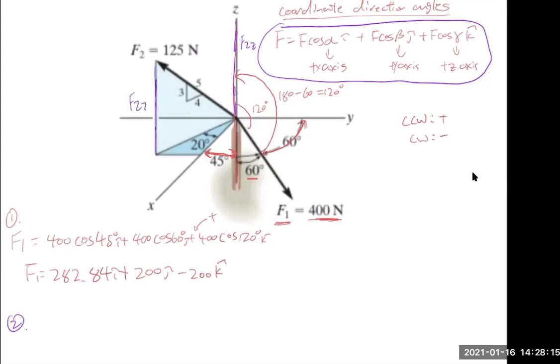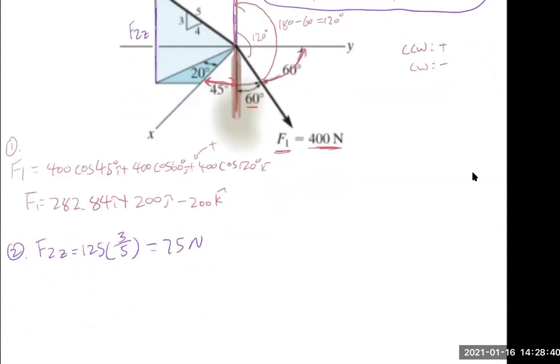So F2z can be right here, so that way we have more information to solve. F2z is simply equal to the force right here, 125 times 3/5. If we put this in the calculator, we get 75 newtons. And right now we have to find F2 prime.